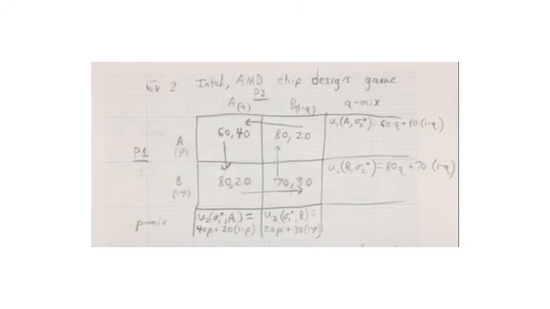Okay, so we follow the same approach here. We calculate a P mix row and a Q mix column.